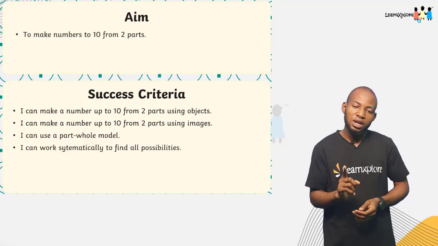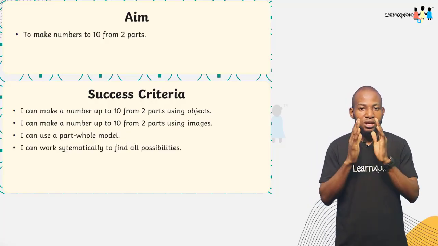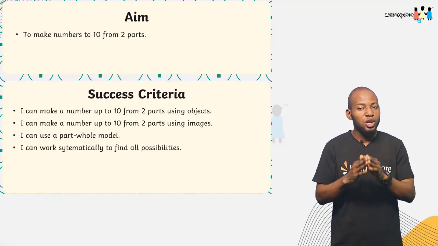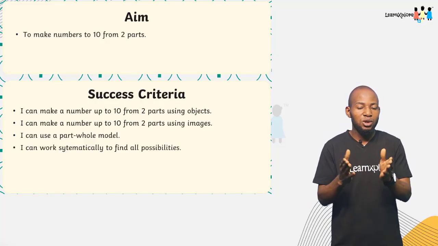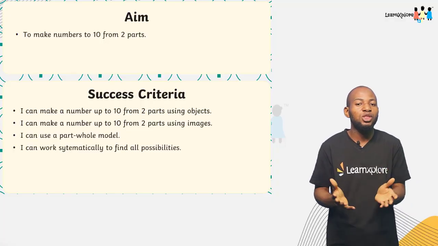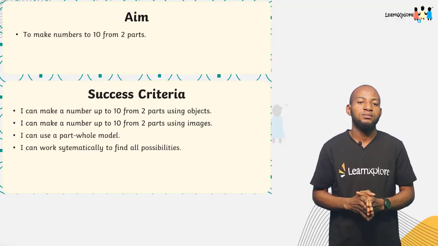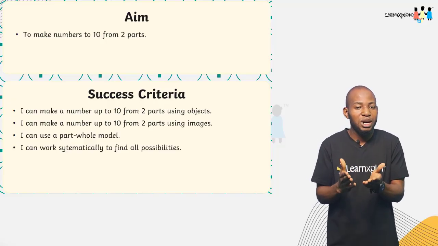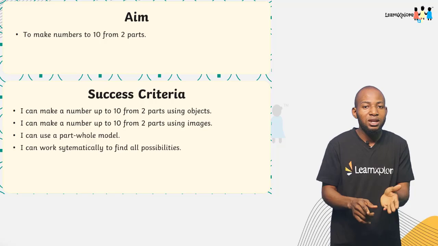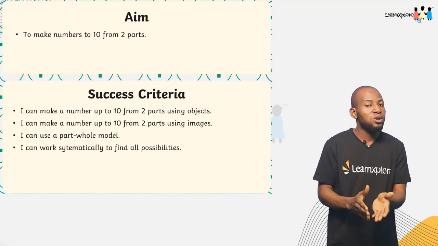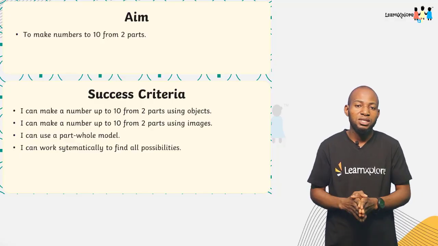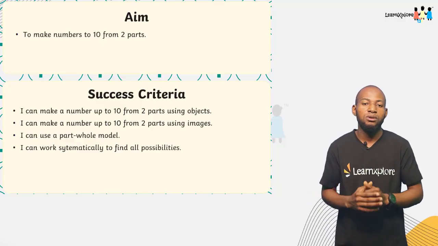Don't forget, when you are making a number from 2 parts, the whole will be there. The other parts are the ones making up the whole number. That's the reason why when we had 4, the other parts could be 1 and 3, 2 and 2, 0 and 4. They're the other parts that make up 4.